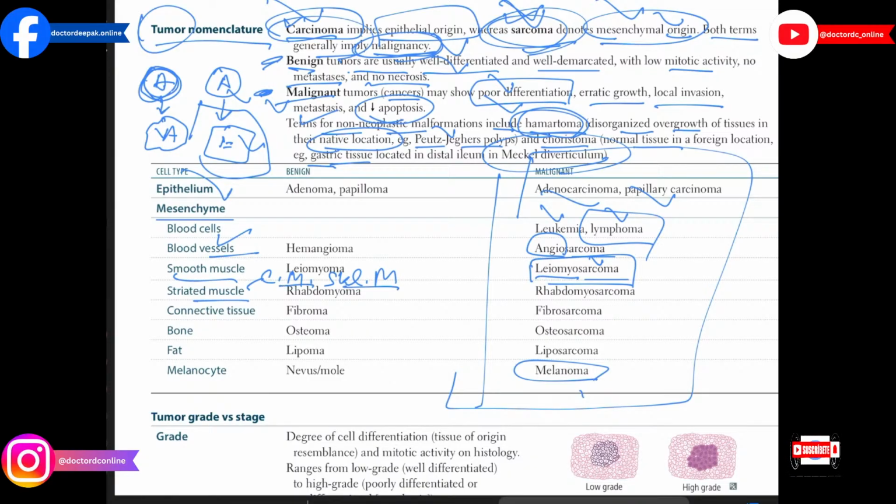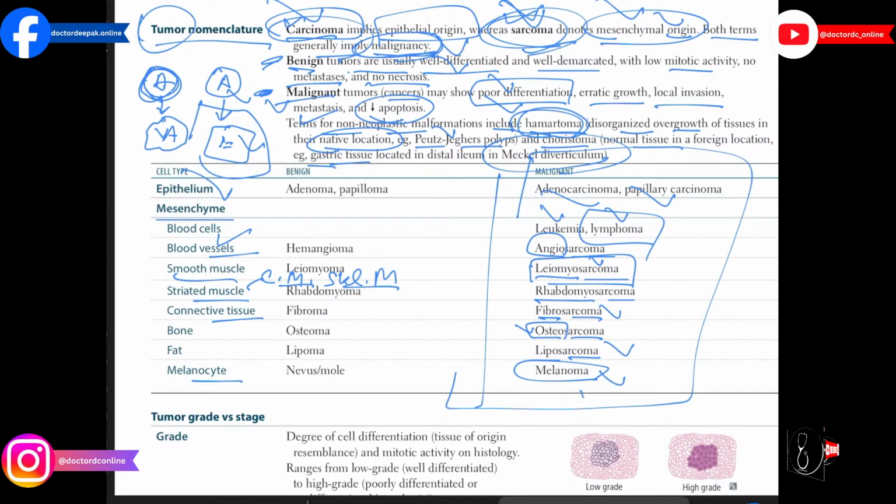If they grow malignantly, the name will be rhabdomyosarcoma. Connective tissue gives fibrosarcoma, fibro meaning connective tissue. Osteo means bone, and malignant growth is osteosarcoma. Lipo means fat, and malignant growth of fat becomes liposarcoma.